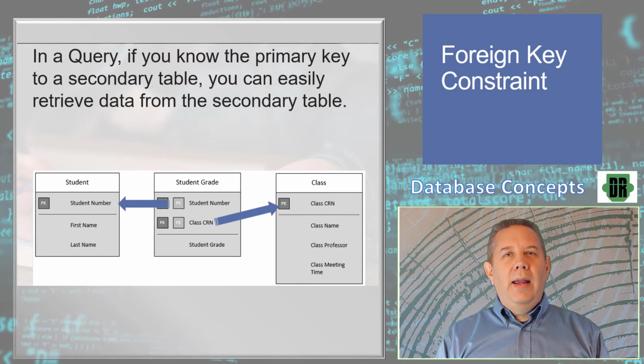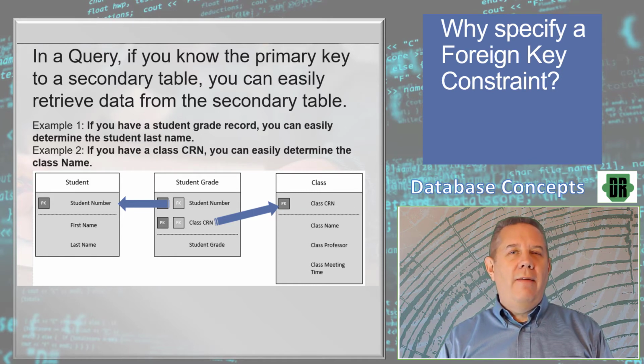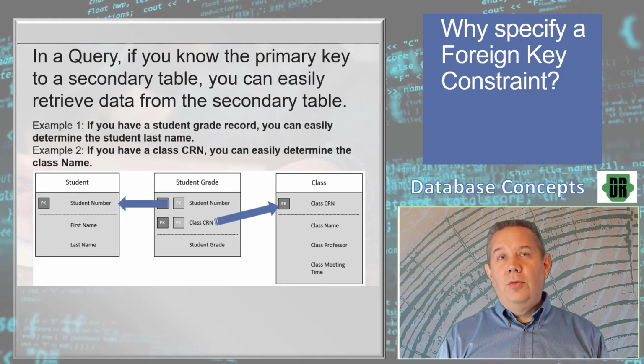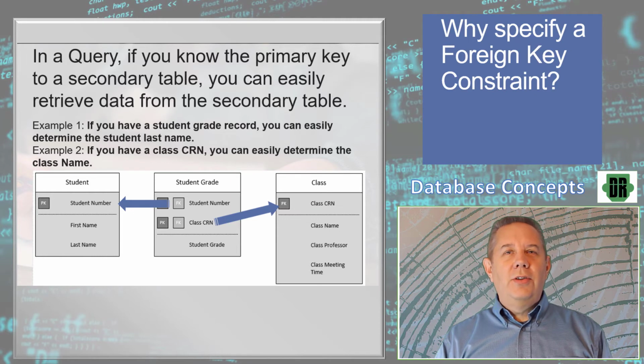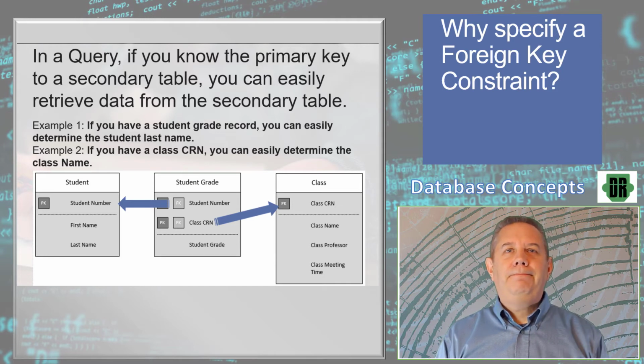If you run a query and you know the primary key to a secondary table, you can easily retrieve data from that secondary table. For example, if you have a student grade record, you can easily determine the student last name. If you have this class CRN, you can easily determine the class name. So those constraints in the student grade table refer to the table's student and class as a foreign key.